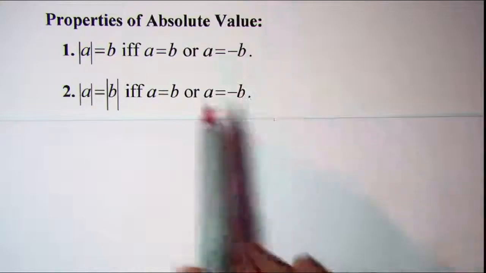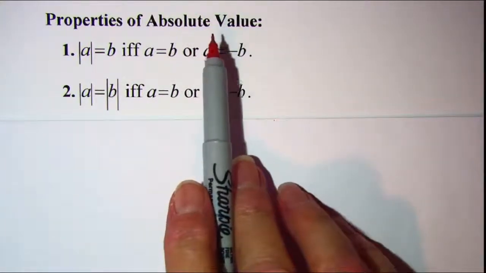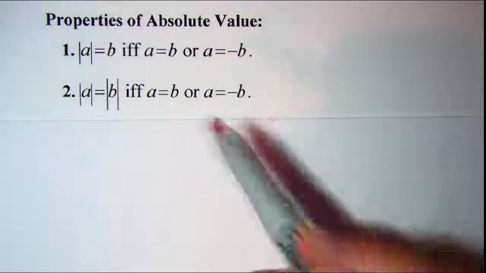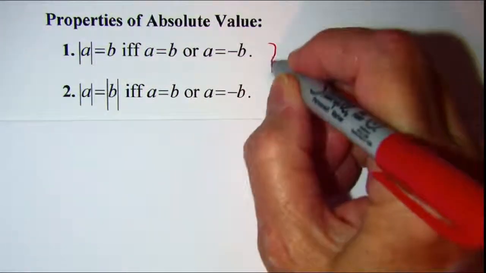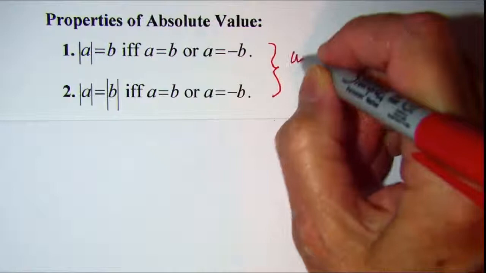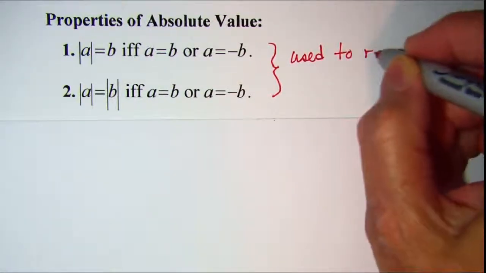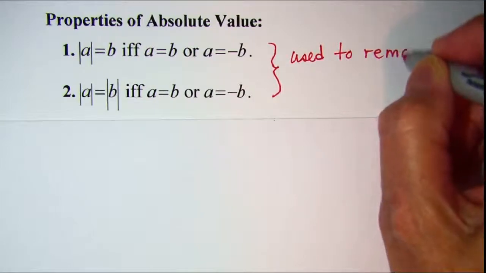Now we have a couple of properties that we'll be using when we work with absolute value equations. These properties are used to remove the absolute value bars.